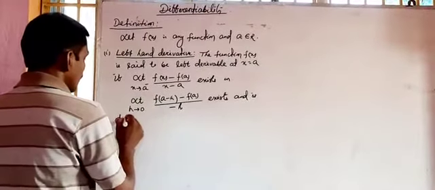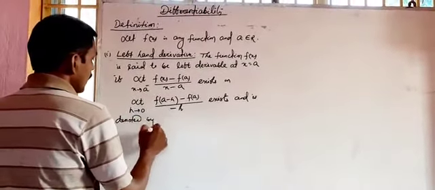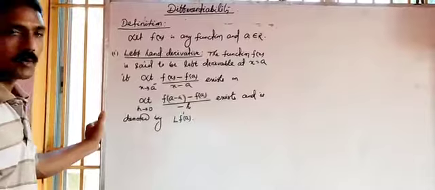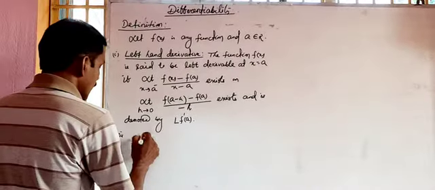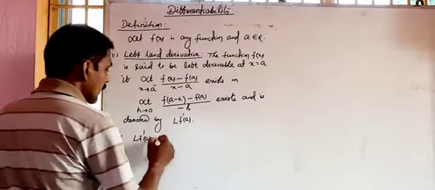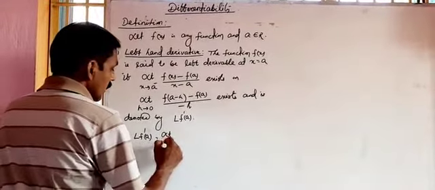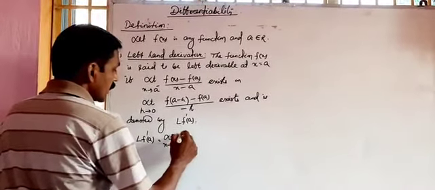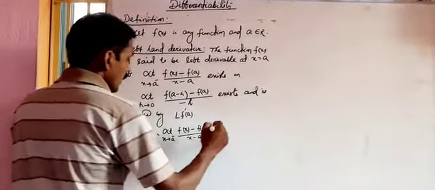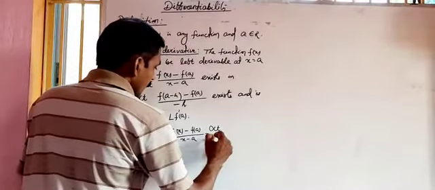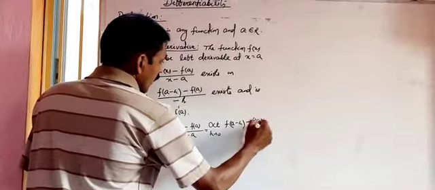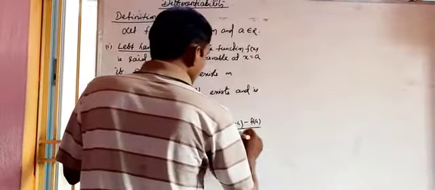And it is denoted by L f dash of a. That is the left hand derivative of the function f at x equal to a, denoted by either limit x tends to a minus of f of x minus f of a by x minus a, which is the same as limit h tends to 0 of f of a minus h minus f of a whole divided by minus h.